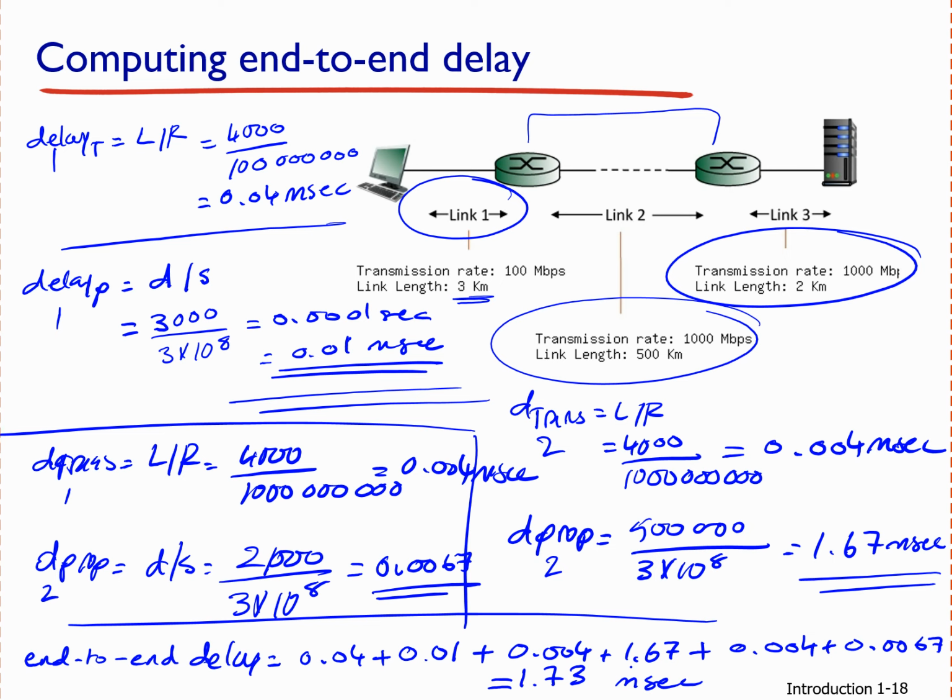So based on this, we can say that the end-to-end delay of this network should be 1.73 milliseconds.